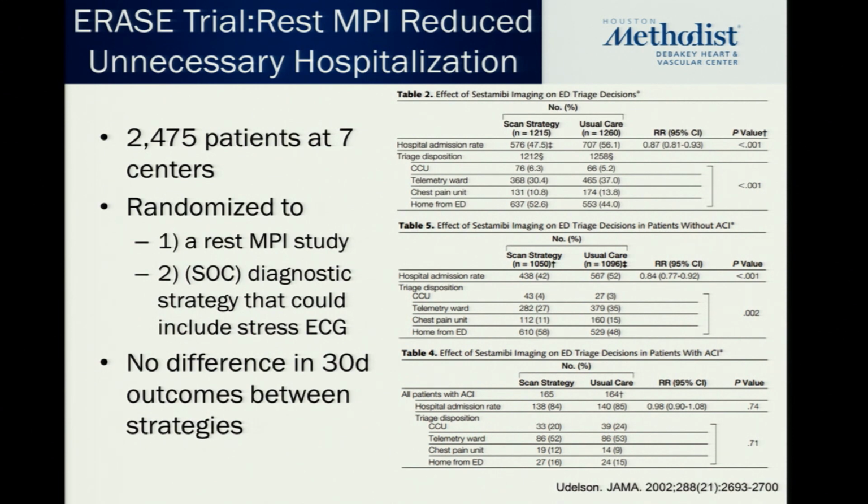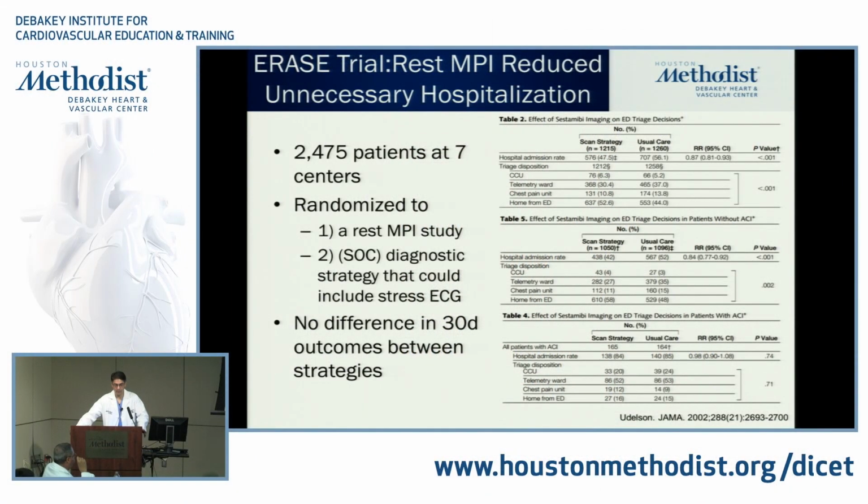But there was a difference when you looked at ED admissions: there was a marked decrease in the rate of admission using rest myocardial perfusion imaging compared to usual care. And this was most pronounced in those patients who did not have acute coronary syndromes, whereas it correctly identified all the patients with acute coronary syndromes, and all those patients got admitted to the hospital.